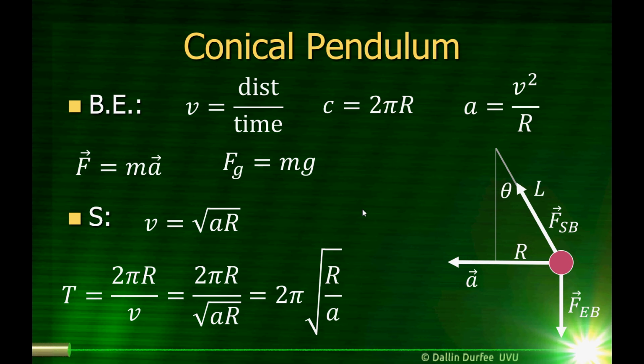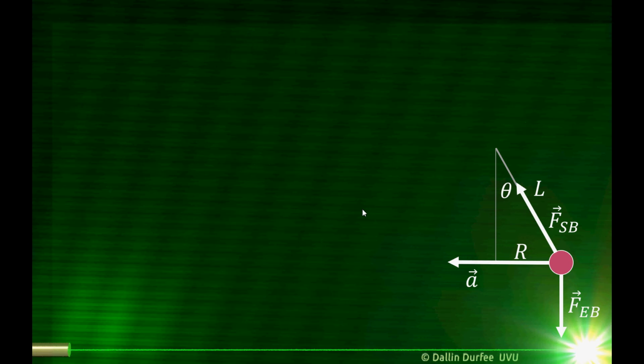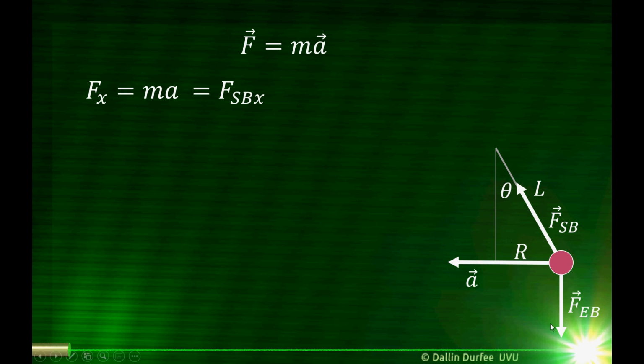How am I going to find the magnitude of that acceleration? Well, F equals ma, and so what we're trying to find is the x component of the force. The x component of the force is just mass times acceleration, right? Because the acceleration is in the x direction. So that means, well, what is the x component of the force?